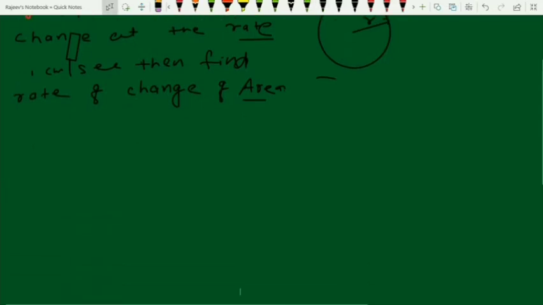I'm going to explain. First of all, write dr by dt. dr by dt means rate of change of radius, right? This is 1 centimeter per second, so I wrote here. And you have to calculate dA by dt. This is what they are asking.